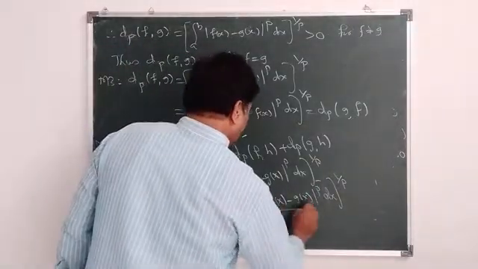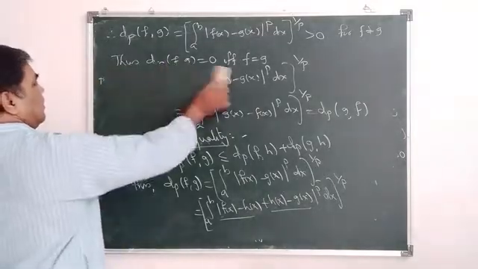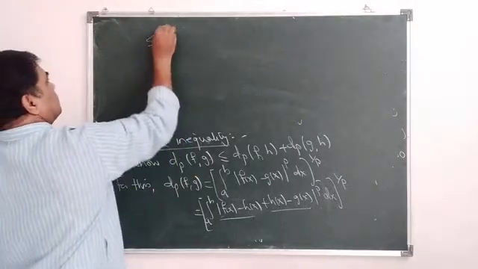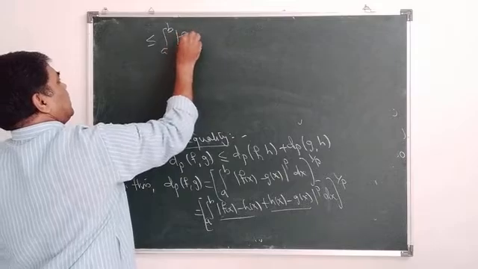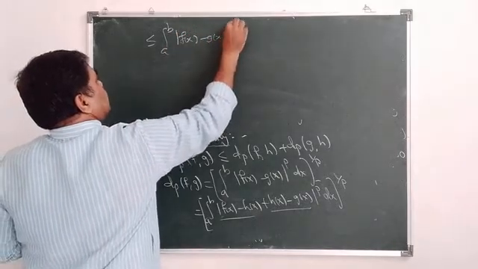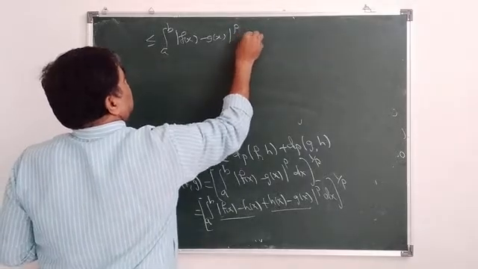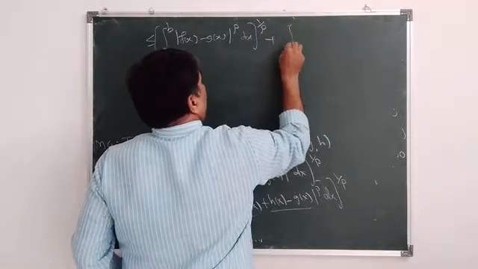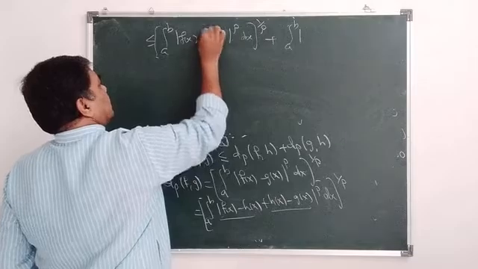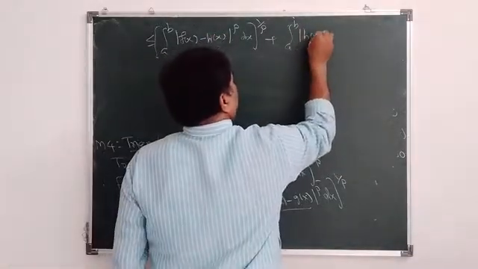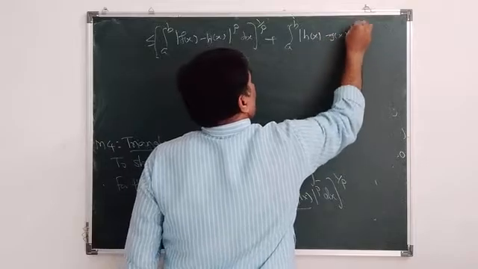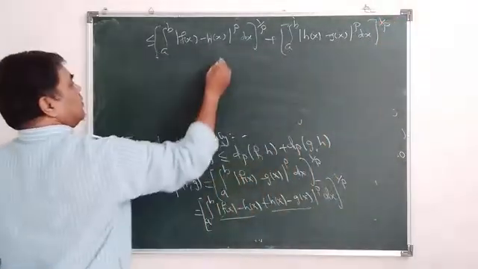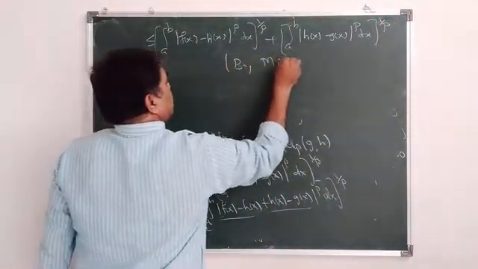Now by using Minkowski's inequality, this is less or equal to the integral of a to b of mod f(x) minus h(x) raised to p dx, whole thing raised to 1 by p, plus the integral of a to b of mod h(x) minus g(x), whole thing raised to p dx, whole thing raised to 1 by p, by Minkowski's inequality.